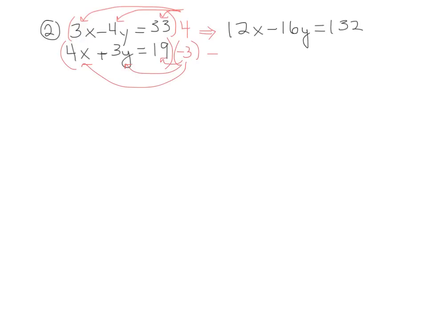All right, what will that give me? Negative 3 times 4x, negative 12x. Negative 3 times positive 3y, negative 9y. And then negative 3 times 19, I believe that would be negative 57.